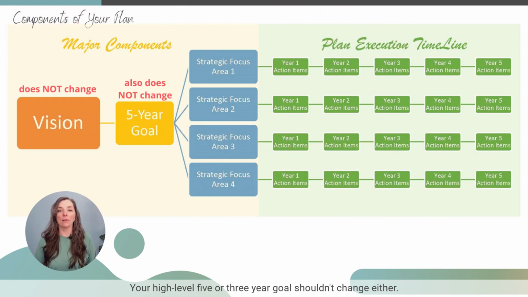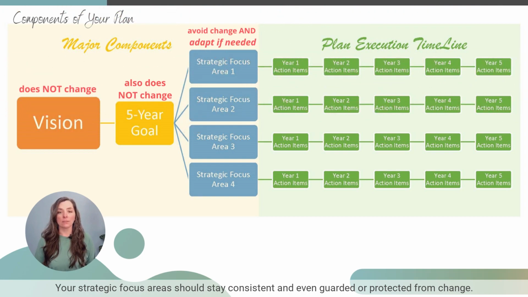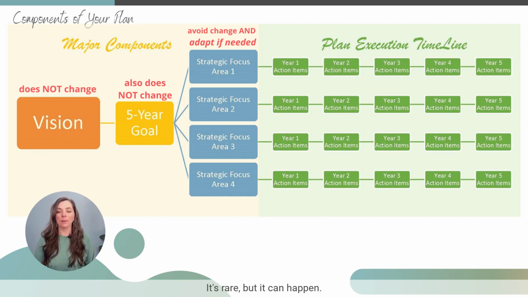Your high-level 5 or 3-year goal shouldn't change either. Your strategic focus areas should stay consistent and even guarded or protected from change. Though this actually, in your strategic focus areas, is where there's slightly more chance you might have to make adjustments as you adapt over the length of your plan execution. It's rare, but it can happen.